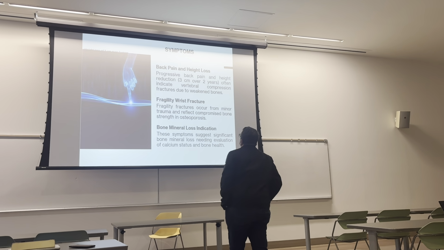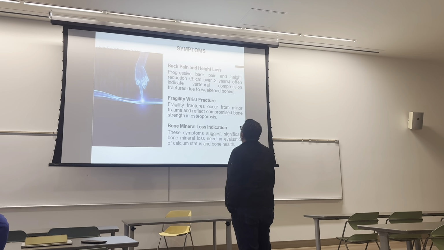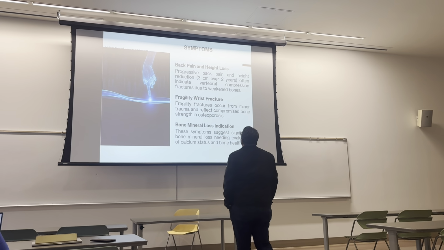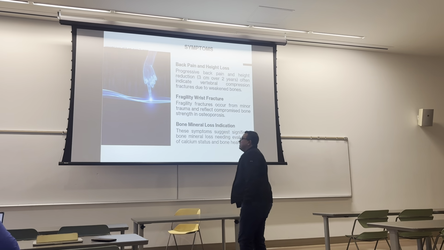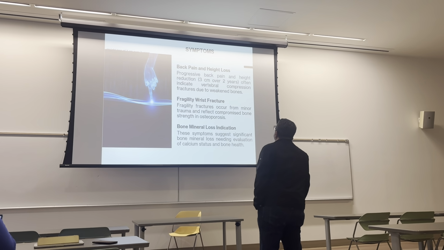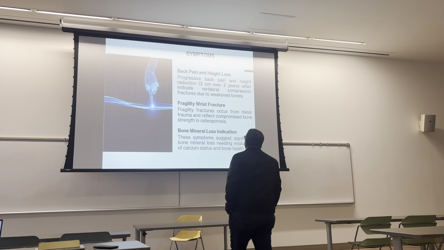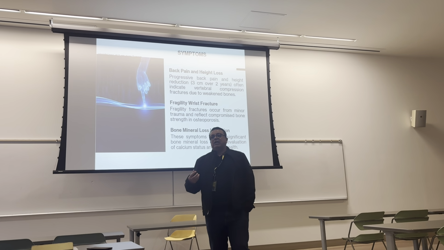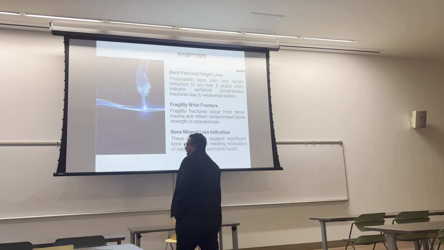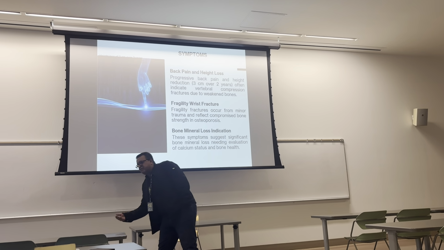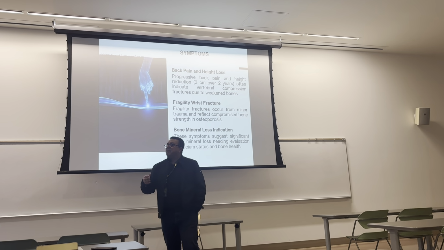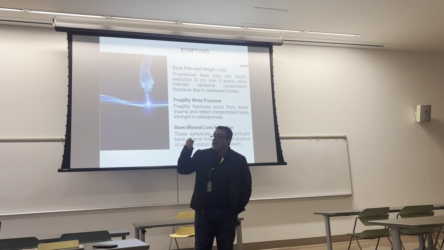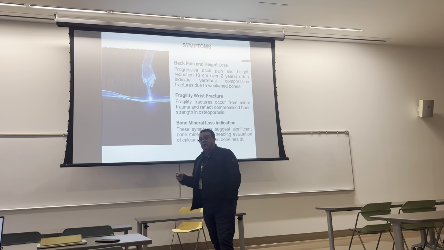What is she suffering from? Symptoms: progressive back pain and height reduction, 3 cm over 2 years, often indicate vertebral compression fractures due to weakness. Here, with minimal trauma, she fell down, which is not very high, and she has a fracture because the calcium has been withdrawn.